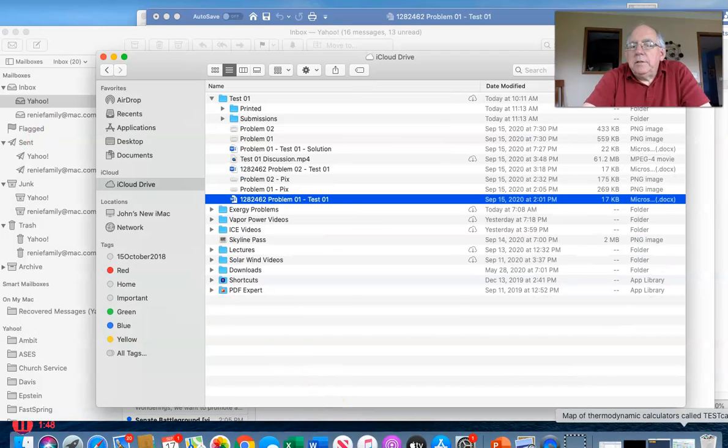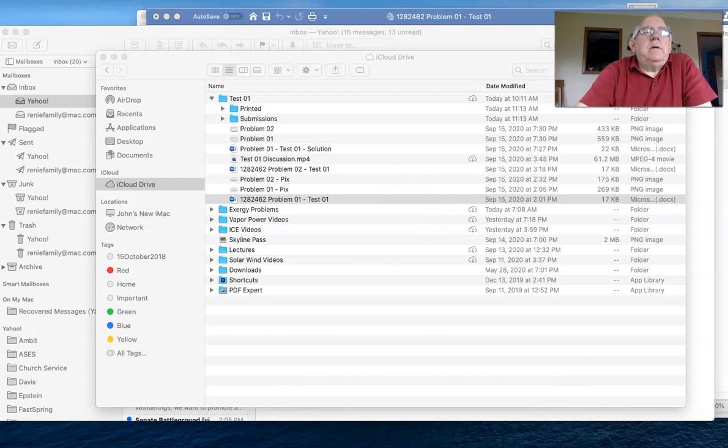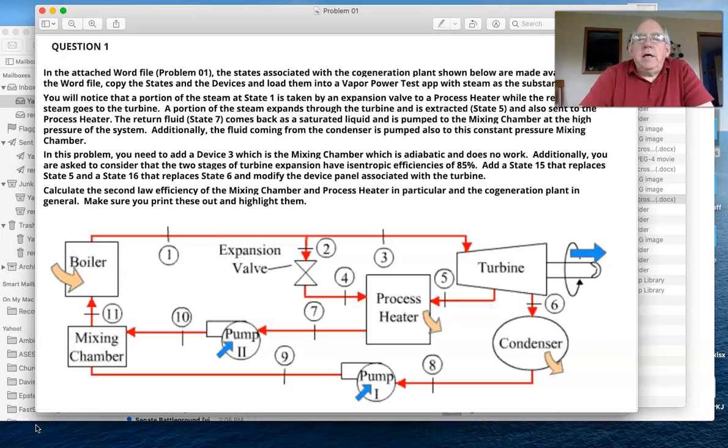Okay, let me find this. Well, okay, hold on a second. Back. This is a schematic of the problem.